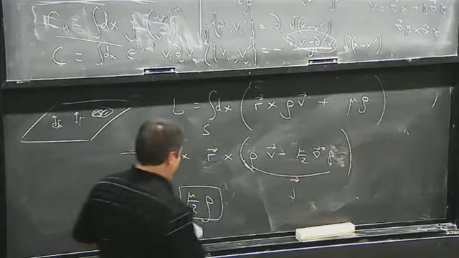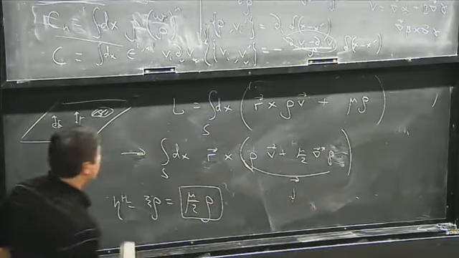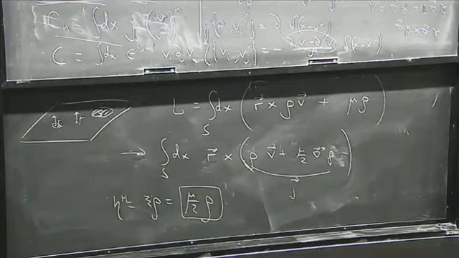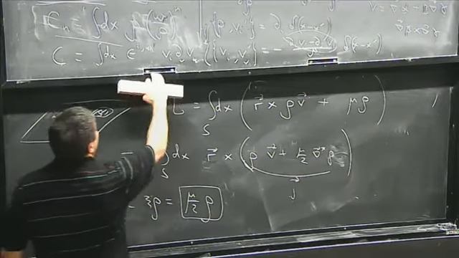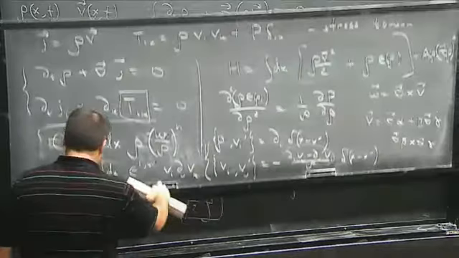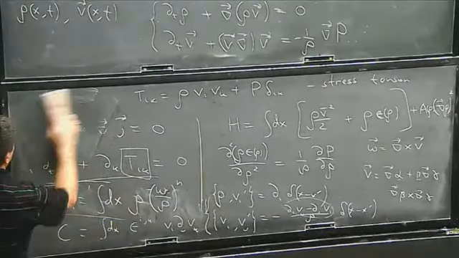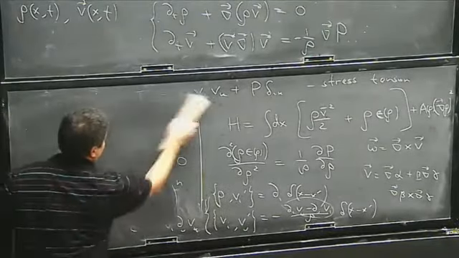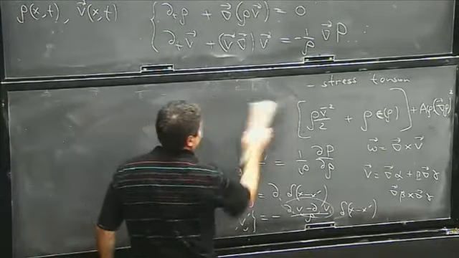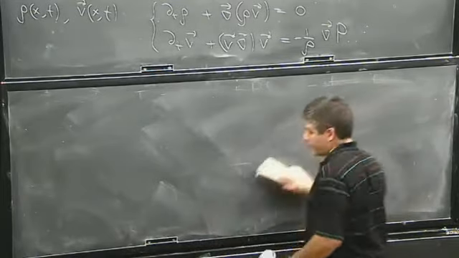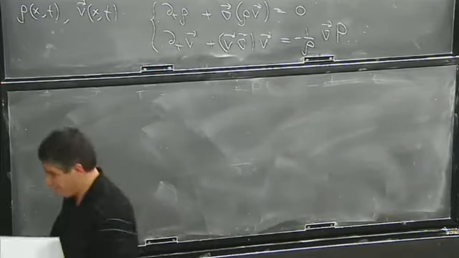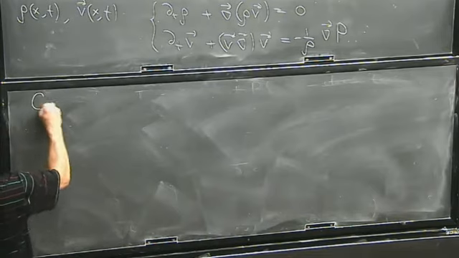Okay. Finally, let me give you an example of some theory which has Hall viscosity, which is of a charged fluid in an external field, and which reproduces many features of the quantum Hall fluid. Now we have all these formulas, so it will be very easy to write it down.